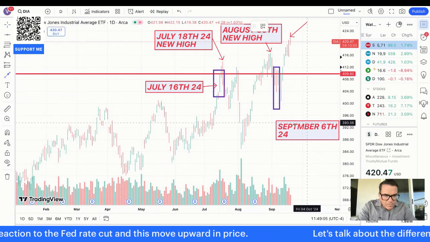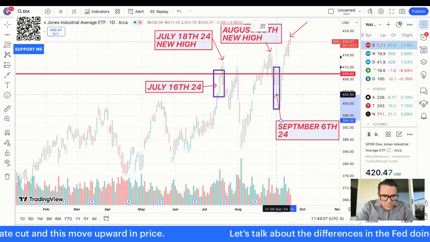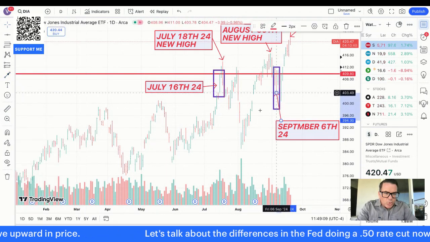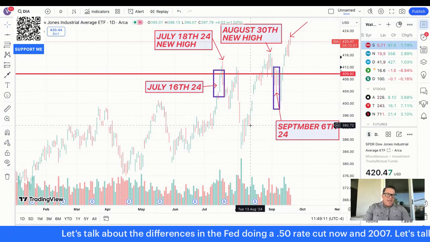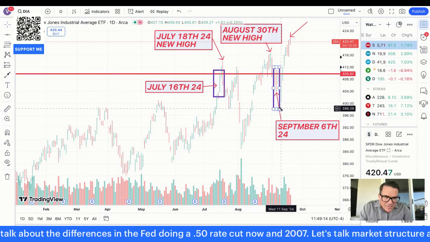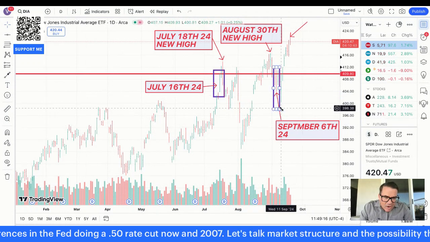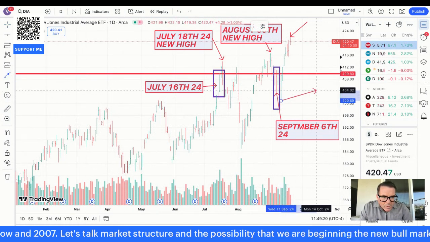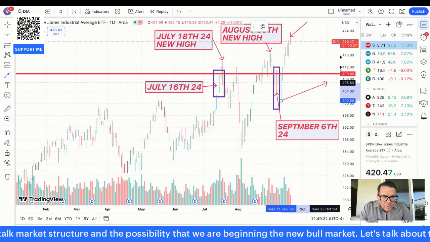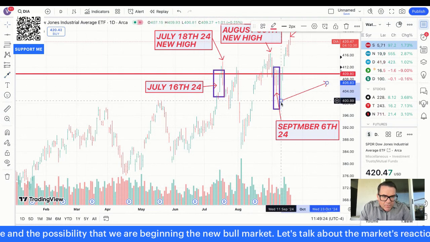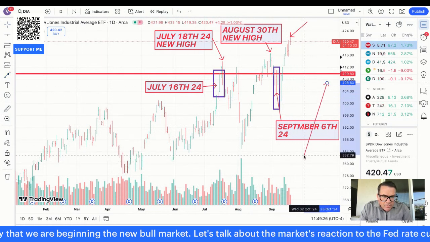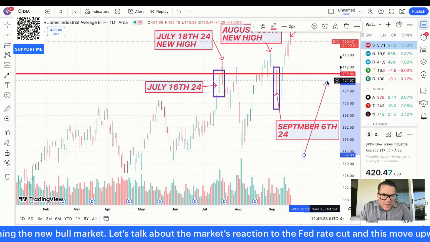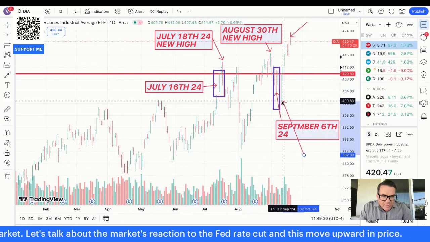There we go. Which was the low for the S&P and the NASDAQ, but the Dow on September 11th. Hold on, I'm trying to figure out a way to arrange this where it makes sense.